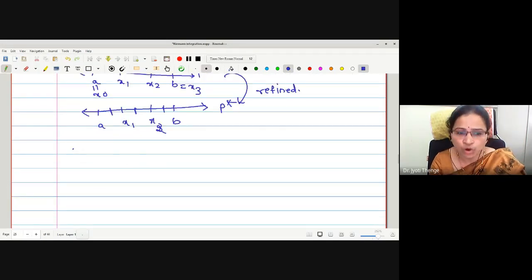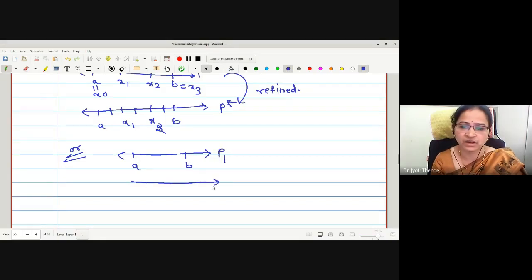Or another way to explain is, suppose there are two partitions of the same interval A to B. Say this is the first partition P1, and let this be another partition P2. In P1, suppose I have only these 2 points. Now in P2, suppose I have these 3 points.